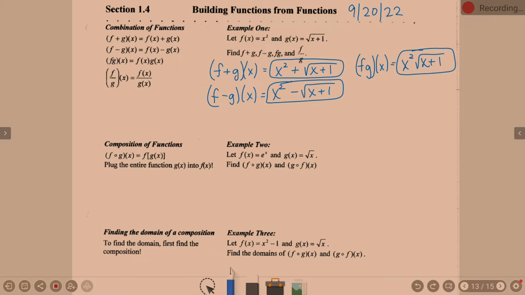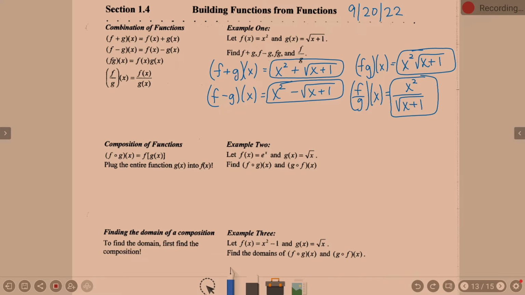We've got one more: f over g. X squared over square root of x plus 1. What is x squared divided by square root of x plus 1? I am going to say you get to leave it like this.